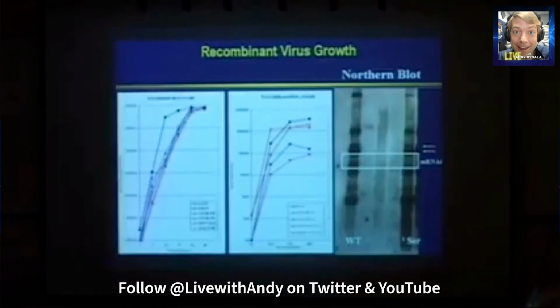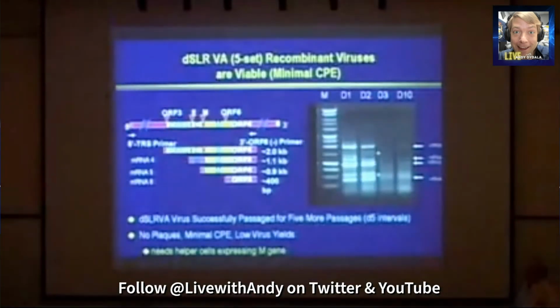However, both the serine and the SLR mutant knocked out messenger RNA 6 expression, which you can see right here. These actually were the messages that encode the genes that we de-optimized. And so we actually found some evidence of long-range RNA-RNA interactions that are regulatory elements that we're trying to decipher. The 5-set de-optimized strains showed no CPE in culture.